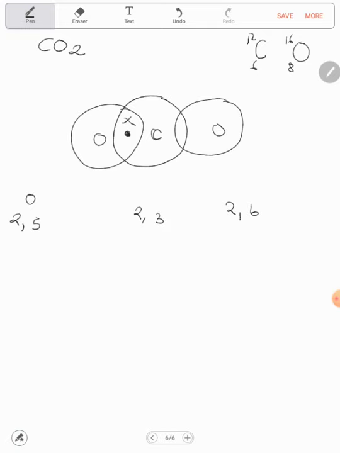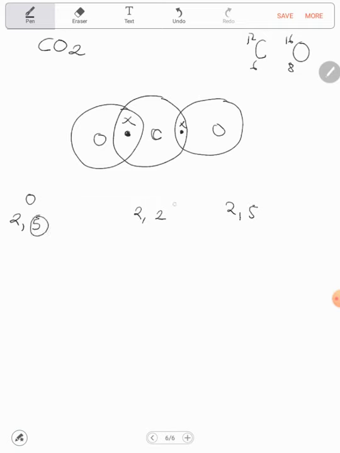Now, because carbon is at the center, it has to donate also on this side. So instead of having 3 here, we have 2. Because this oxygen also donated, this one must donate like that. So we have 5 there instead of 6.